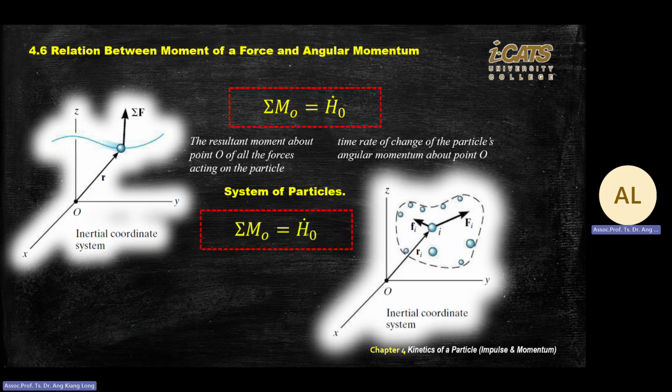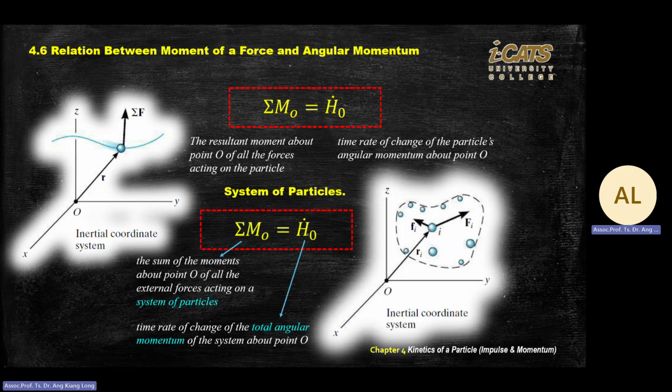So this one is just for your info. What is important is the sum of M_O equals H dot O. You use this formula when you need to find the force acting on the object.